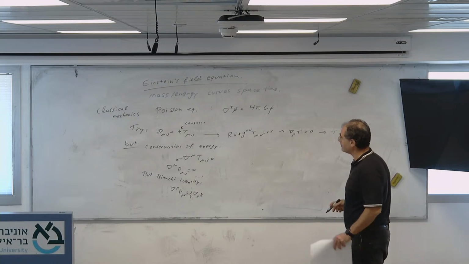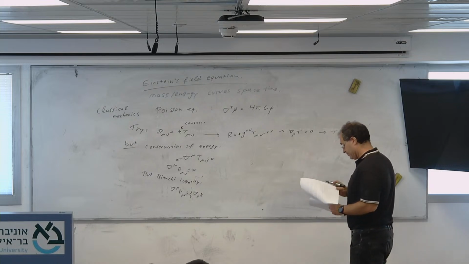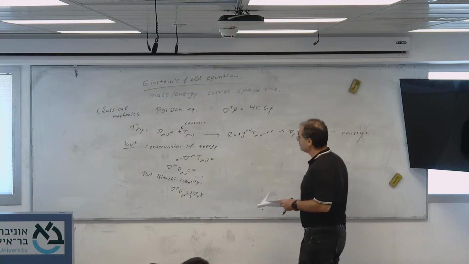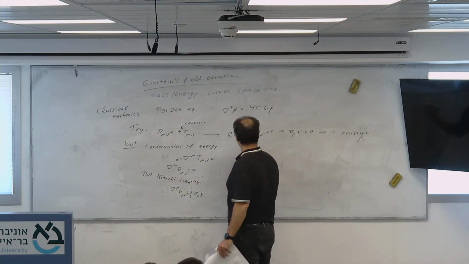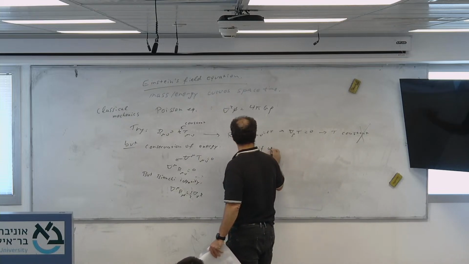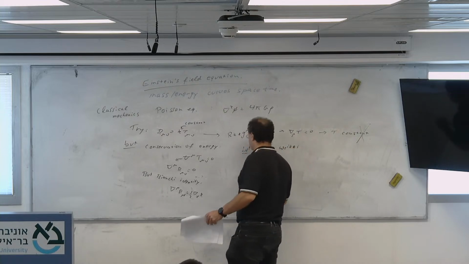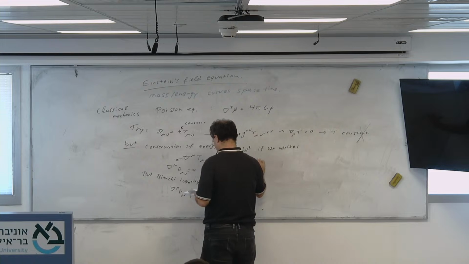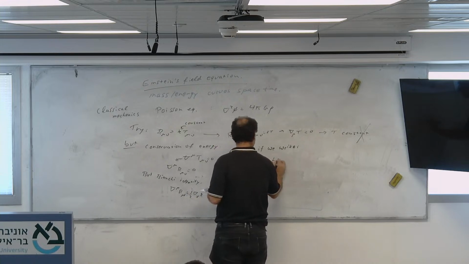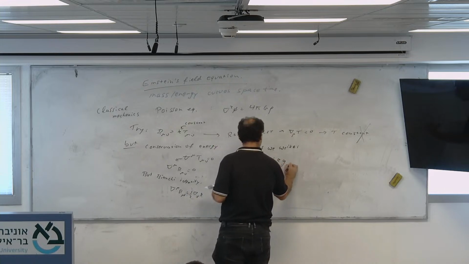So we already said it, right? So instead of R, we should put a G. But if we write G mu nu, it's R mu nu minus 1/2 R g mu nu.